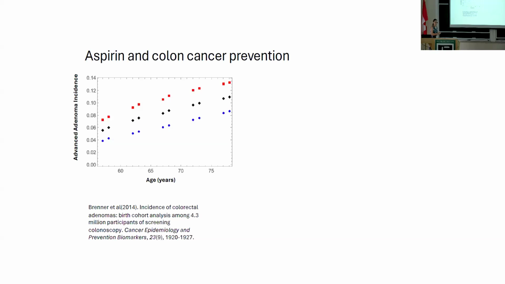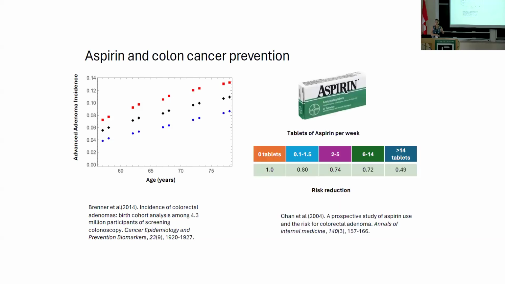You can see 3 curves here. Red is women, blue is men. We don't know how to model the difference, so we take the average. So black is the average. And we know that as a result of aspirin, this goes down by about 50% in the case of the strongest dose.